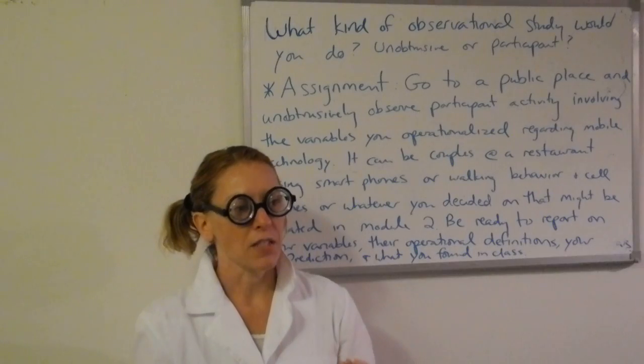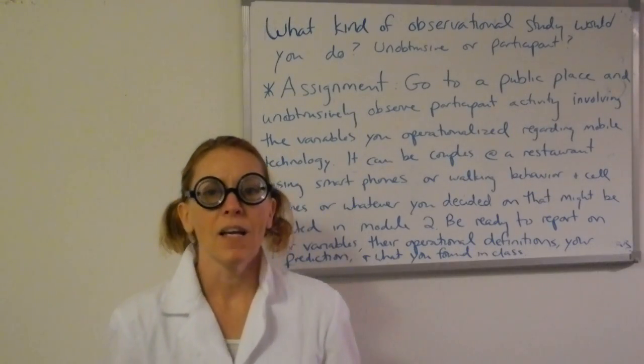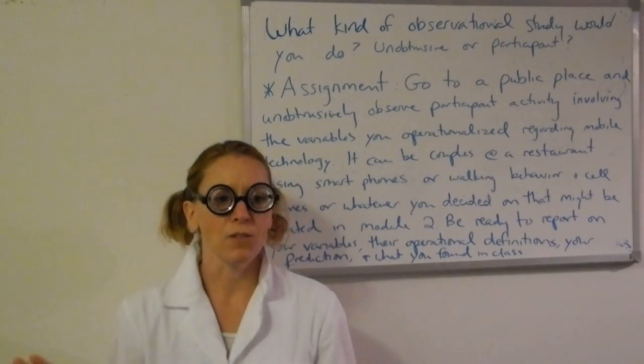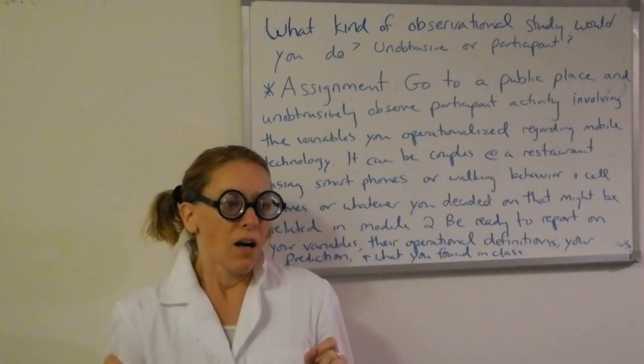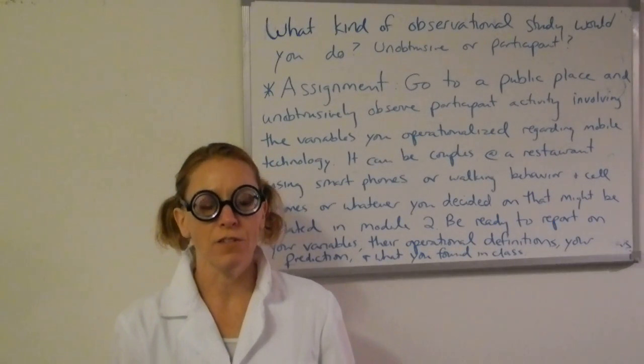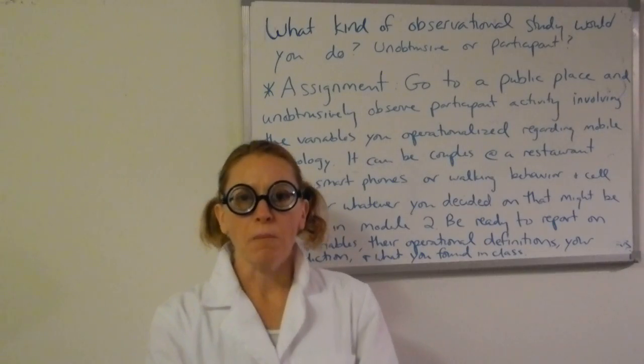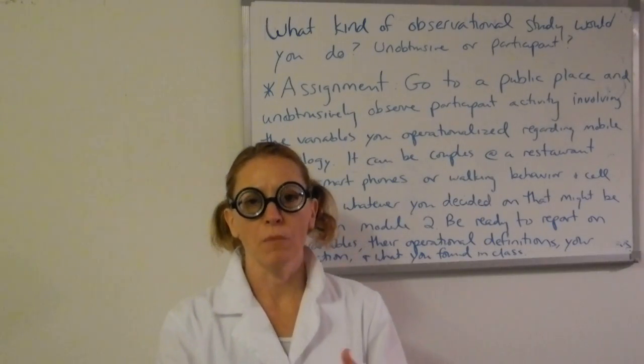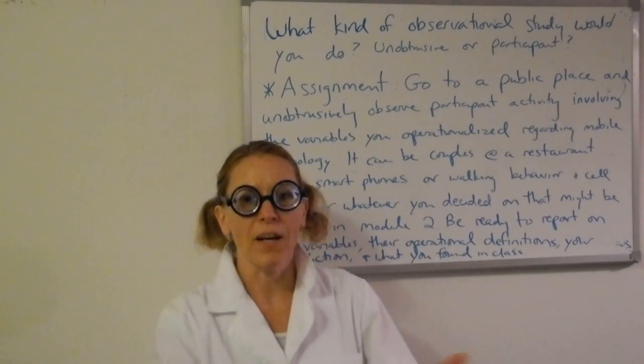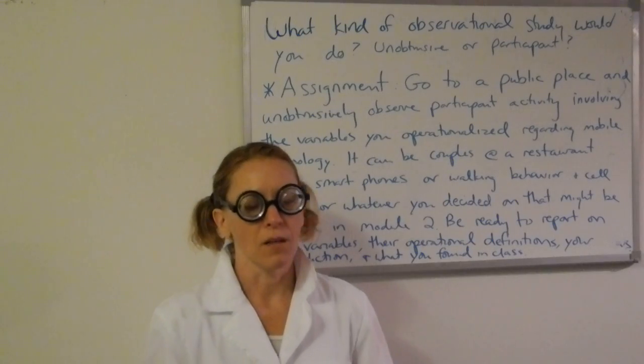The second kind that we're going to talk about is participant observation. And this is the one that has a little bit more of an ethical dilemma issue to it. In this kind of research, the researcher basically becomes a part of a group of interest. So it could be a cult or a gang or any group that you're interested in.